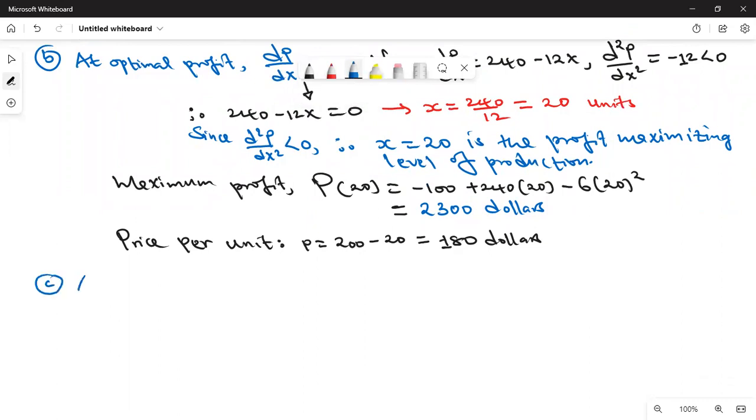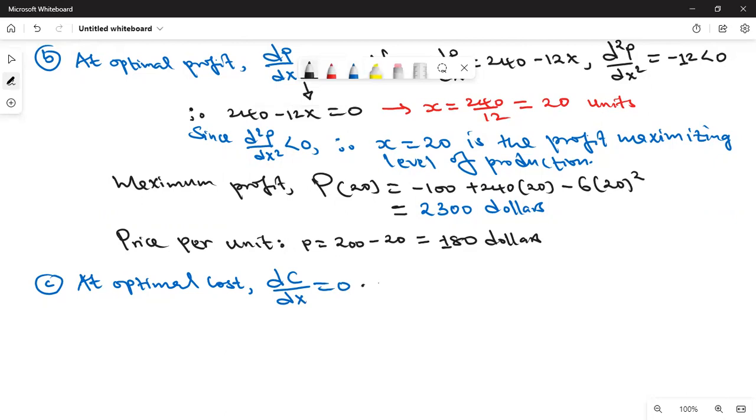So at optimal cost, you see, I'm using the word optimal because I'm not sure that the value of x that I'll find when I equate the first derivative of c with respect to x to 0 will give us the minimum cost, unless we show using the second derivative test. So at optimal cost, we know that the derivative of c with respect to x must be equal to 0.